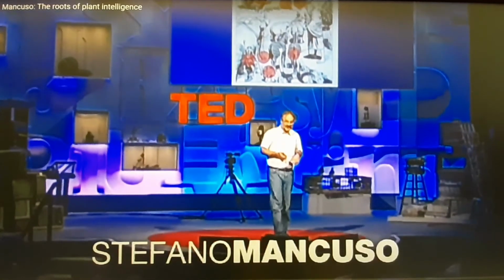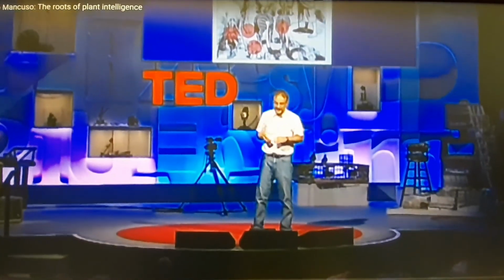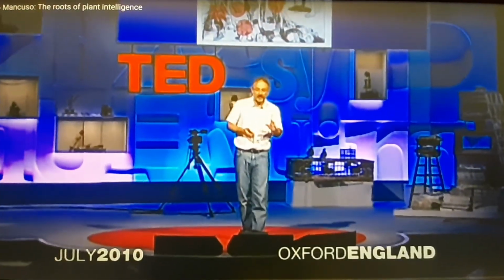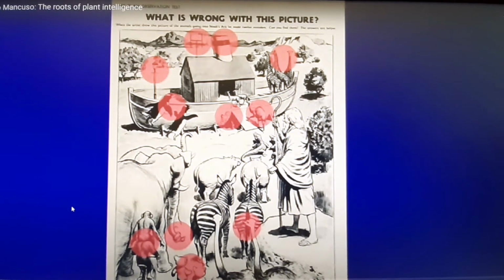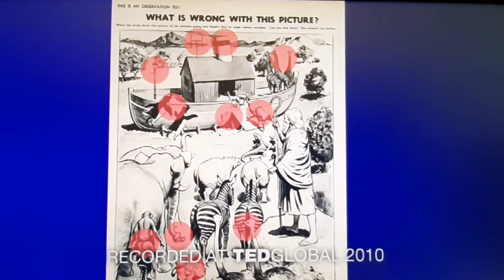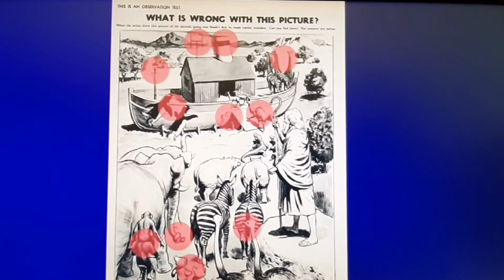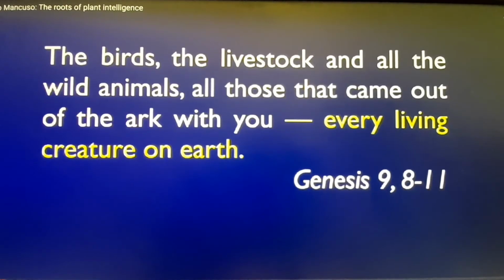A very old magazine, I found this. If you remember, this guy here, Stefano Mancuso, started off with a really wonderful, thought-provoking introduction. Before he started, he talked about Noah's Ark, about how God instructed him to take pairs of animals with him to the ark.